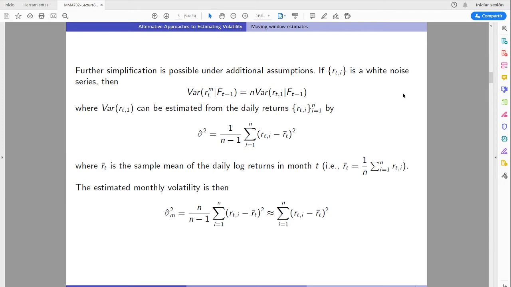In this case, Var(R_t^1) could be estimated from the daily returns using this nice formula here. This is the sample variance, nothing else, where R_t hat is the sample mean of the daily log returns in this month, calculated this way. And so we could say that the estimated monthly volatility is basically this really nice sum over here.